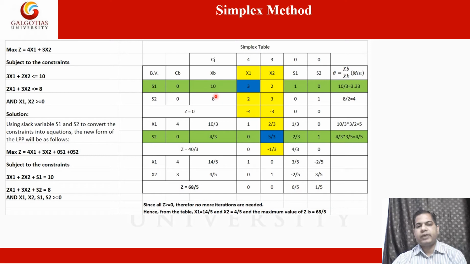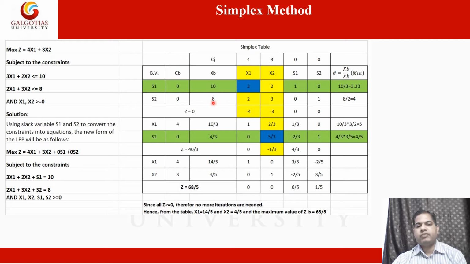So I have to find the changed value of these. The concept says that the changed value is equal to the value multiplied by the key element minus the product of the elements of the second column. Whatever comes is to be divided by the key element.